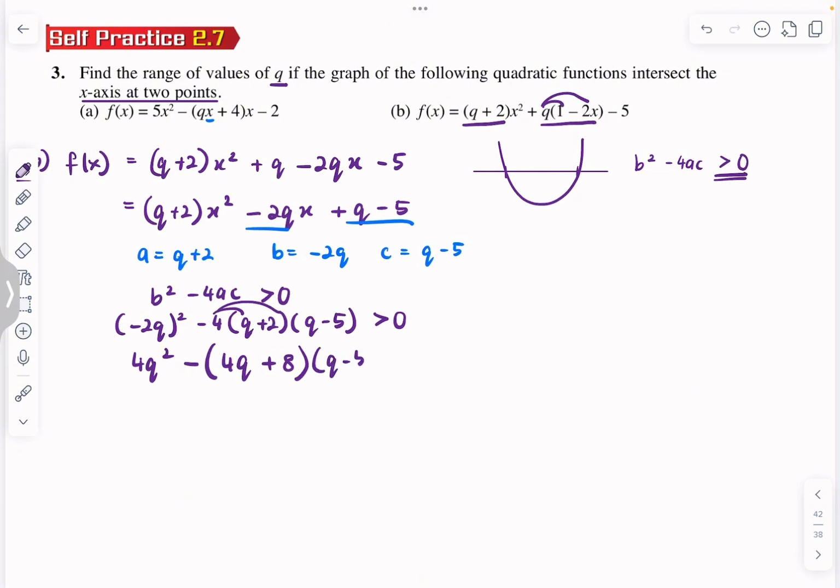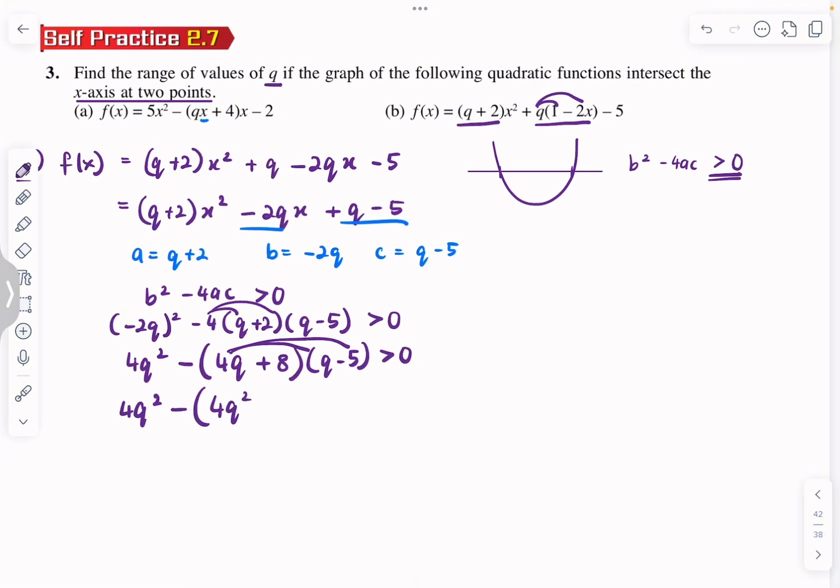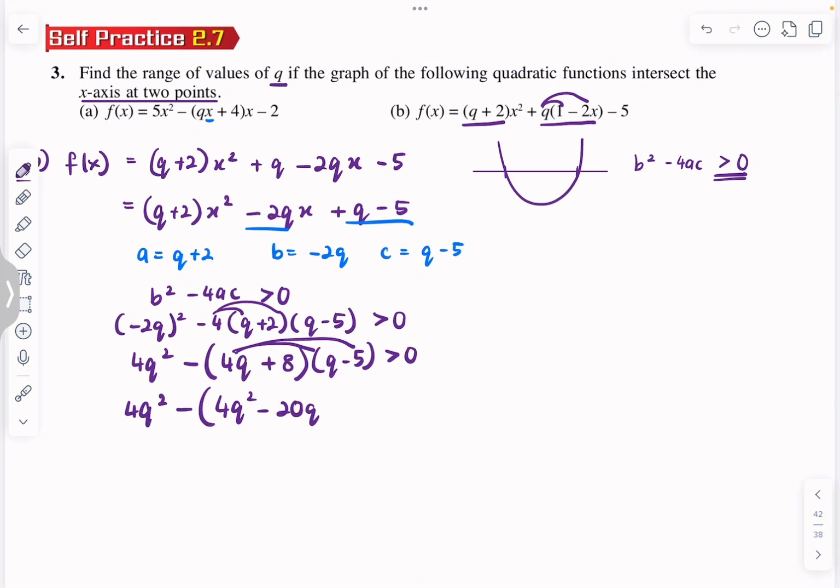Then q minus 5 more than 0. Okay, then we expand this one. So 4q squared minus 4q squared minus 20q plus 8q minus 40 more than 0.